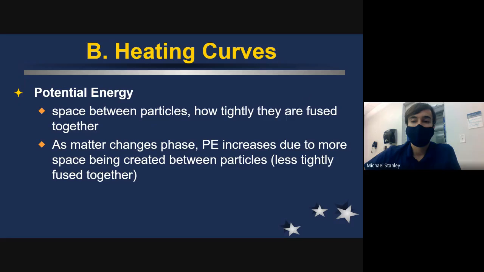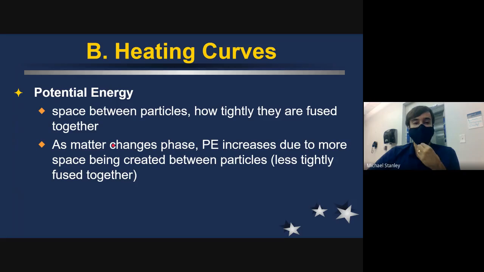So, in order to increase the potential energy of matter, we have to change its phase. We have to go from one phase to another. So this was that melting, that evaporating, that sublimating that we talked about. All of that is changing the potential energy of our matter.